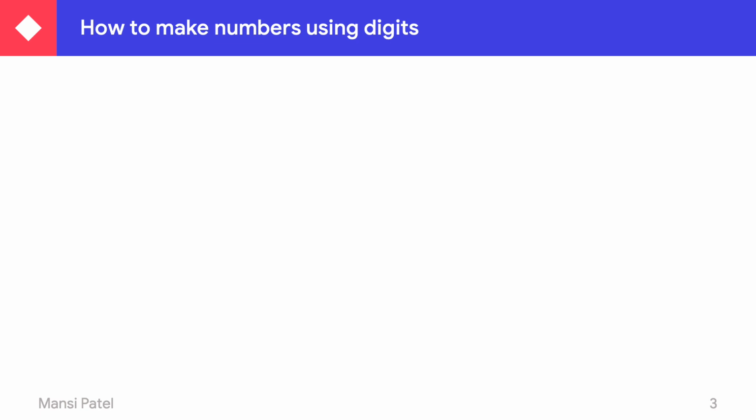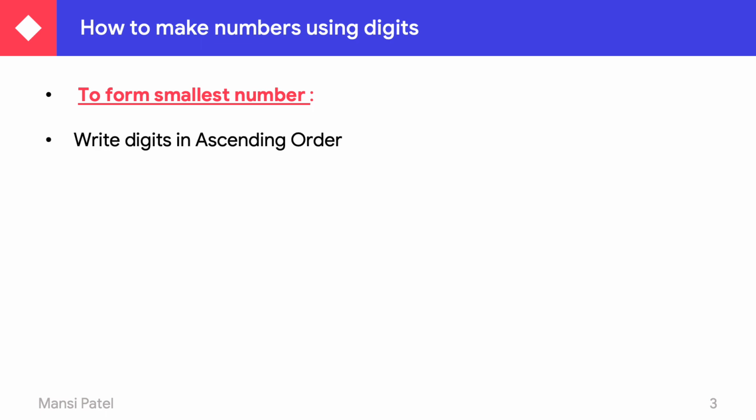How to make the numbers using digits? To form the smallest number, you have to write all the digits in ascending order. If we want to form the greatest number, then we have to write down all the digits in descending order.